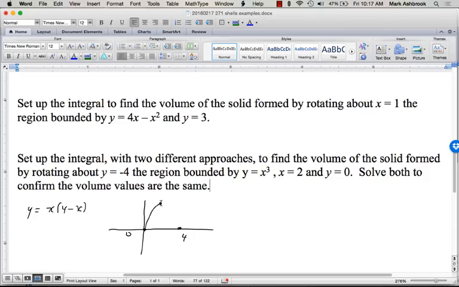So then we know that the vertex would have to be halfway between those two. So the vertex will be at x equals 2. And then y equals 3 would be up here. And then just one more hint. Notice this intersection point is the point 1, 3. That's helpful. Okay?